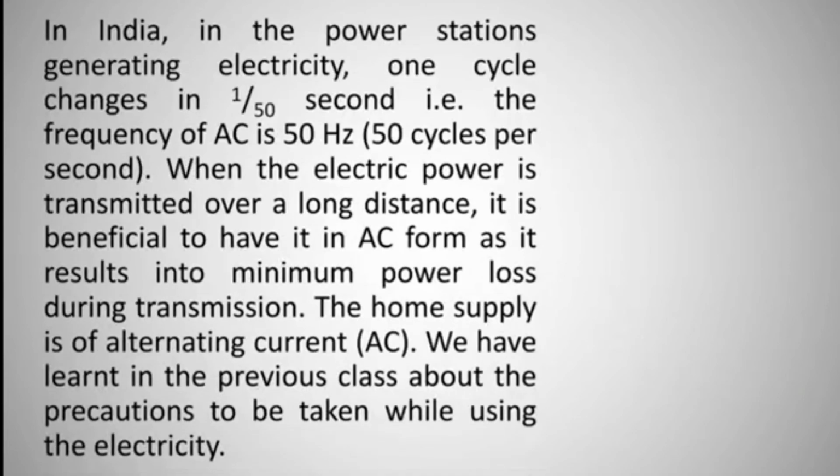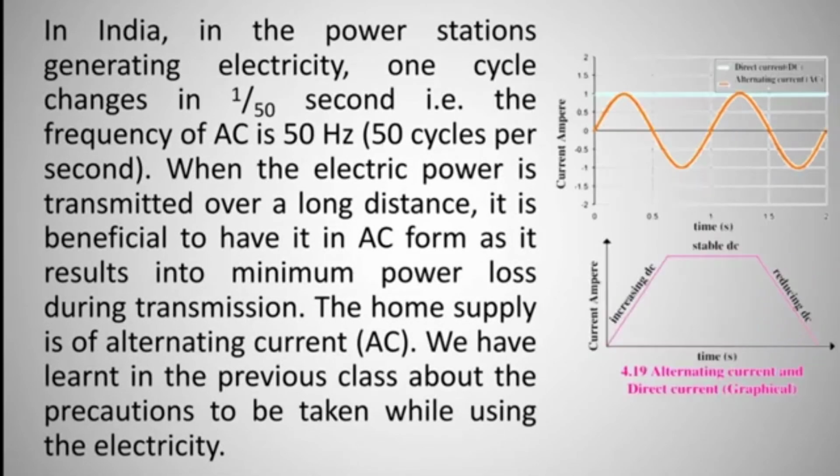In India, in power stations generating electricity, one cycle changes in 1/50 second. That is, the frequency of AC is 50 Hz, 50 cycles per second.